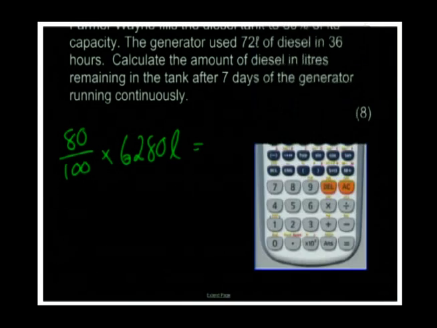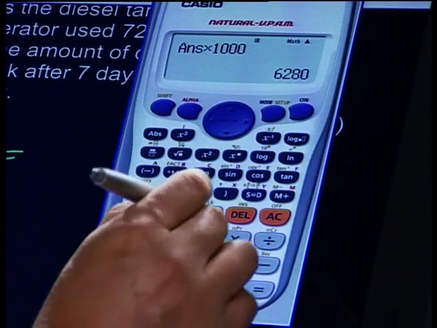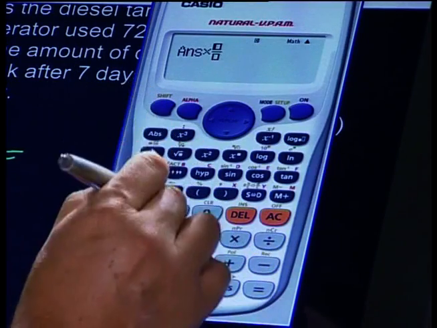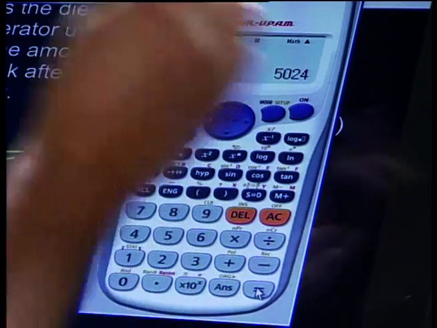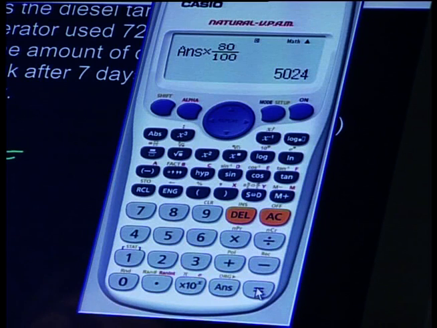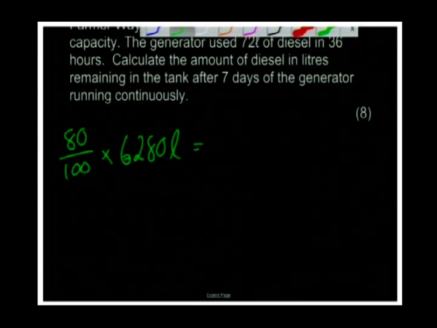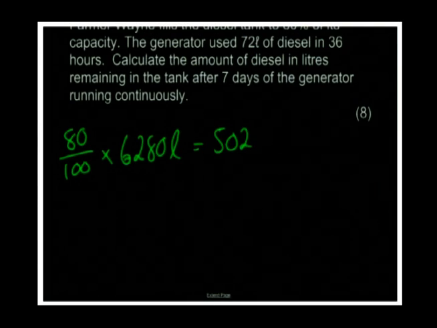Let's work that out straight away. I've got the 6,280. I'm going to multiply that by 80%, which equals 5,024 liters. That's how much diesel Farmer Wayne has put inside our tank.